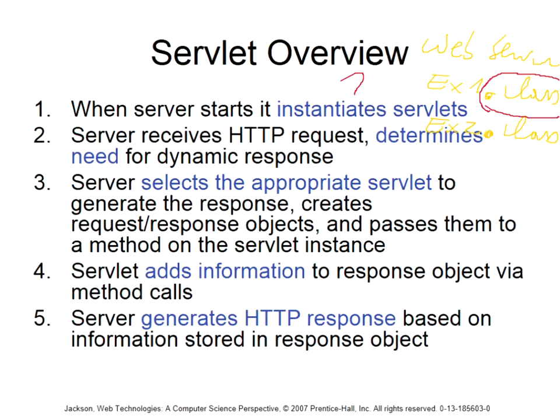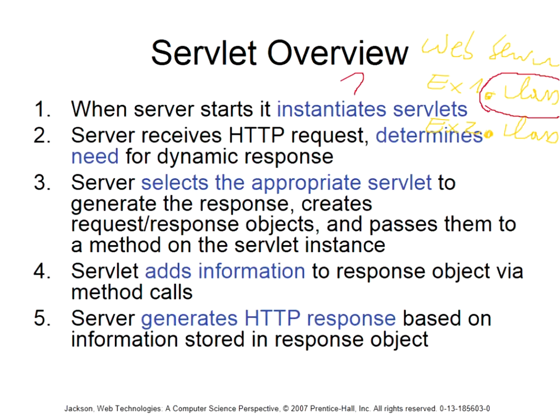Okay. After that, the server receives an HTTP request, determines the need for a dynamic response, and selects the appropriate servlet to generate the response, creates request and response objects, and passes them to a method on the servlet instance. So our server has many servlets, and when it receives an HTTP request, it must select the appropriate servlet to generate the response.